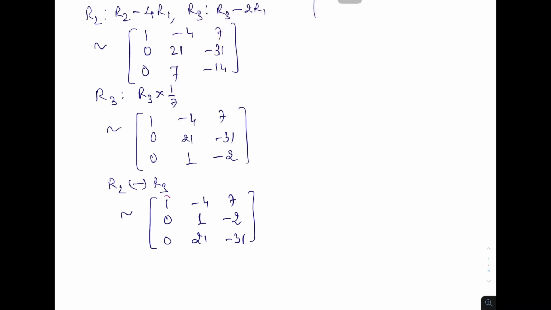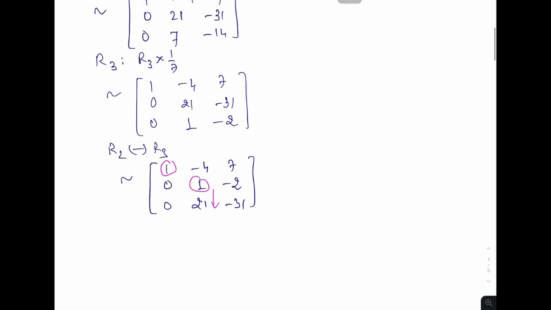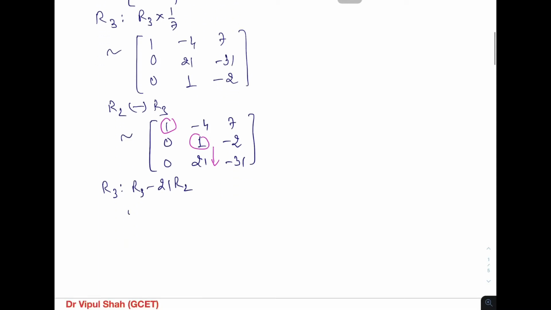Now we are having this leading one here, leading one also here. Make the entry below it to be 0. So R3 minus 21 R2, and so that is equal to 1, -4, 7, 0, 1, -2, 0, -21 plus 21, so that is 0.